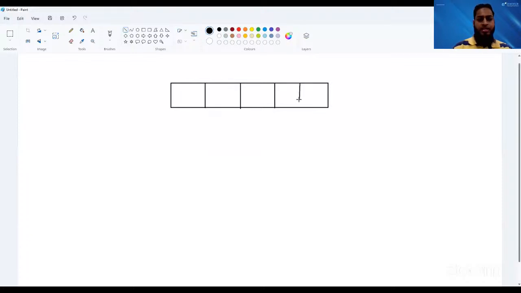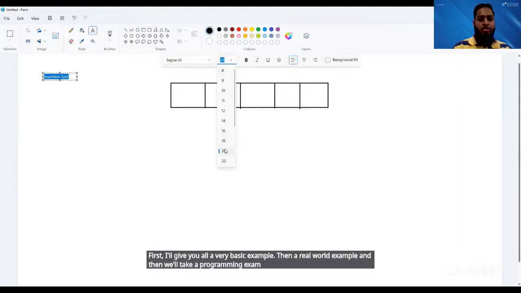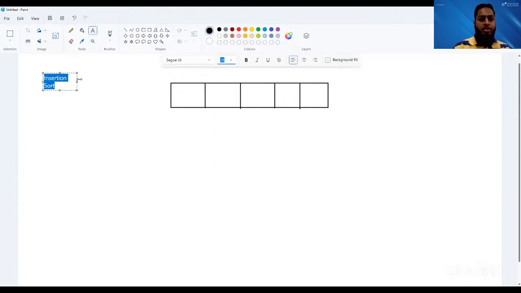To understand insertion sort, first I'll give you all a very basic example, then a real world example, and then we'll take a programming example, so that the concept gets drilled in the mind.